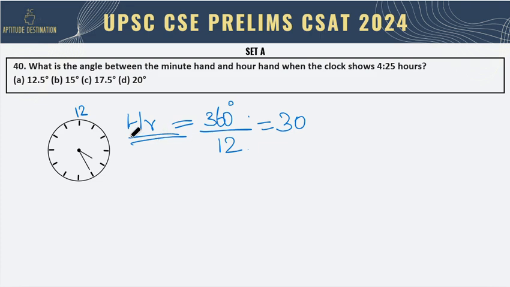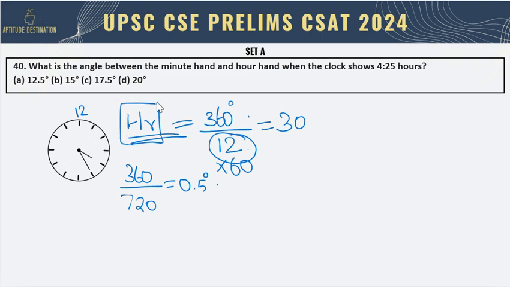But now I want to convert it into minutes. If I have to convert 12 hours into minutes, I just have to multiply by 60, which means 360 divided by 720. This will give me 0.5. So now I know the hour hand will move by 0.5 degrees for every minute, right?